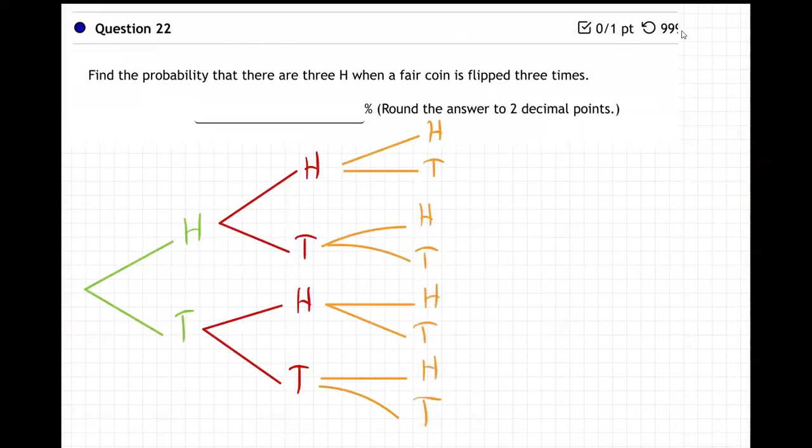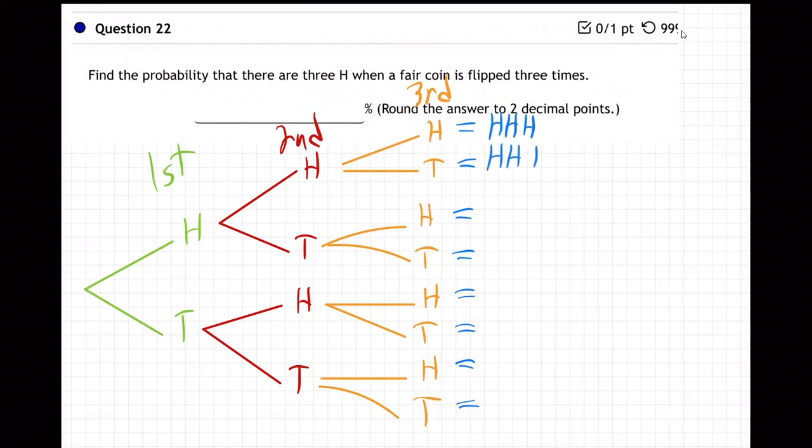All right, so when all is said and done, let's write out all the results here. So again, this is first flip, second flip, and third flip. The results can be head, head, head, or head, head, tail.